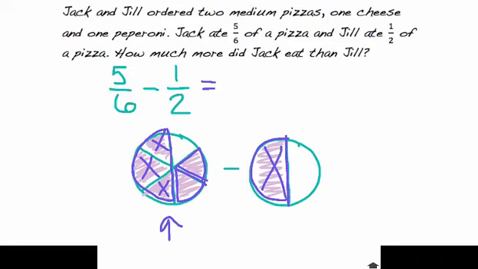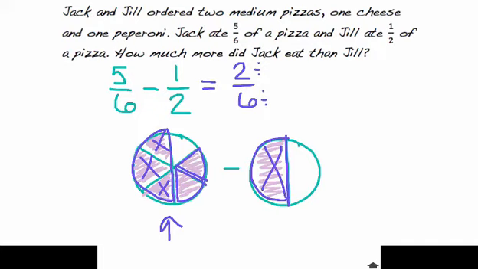Our answer then becomes 2/6, since we have 2 remaining out of the 6 total. Now 2/6 is a fraction that has both even numbers in it. Because both numbers are even, I know that I can simplify this fraction and make it smaller. So to do that, I'm going to divide both the numerator and the denominator by the same number.